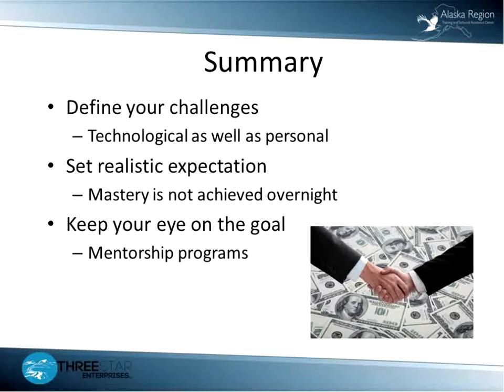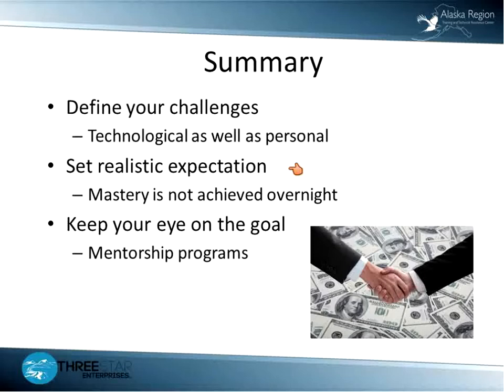So let's take the summary. You're going to need to know how to define your challenges. The technological challenges in terms of what types of equipment do you need to do your business, as well as the personal challenges. What types of staff do you need to have in place in order to operate your business?